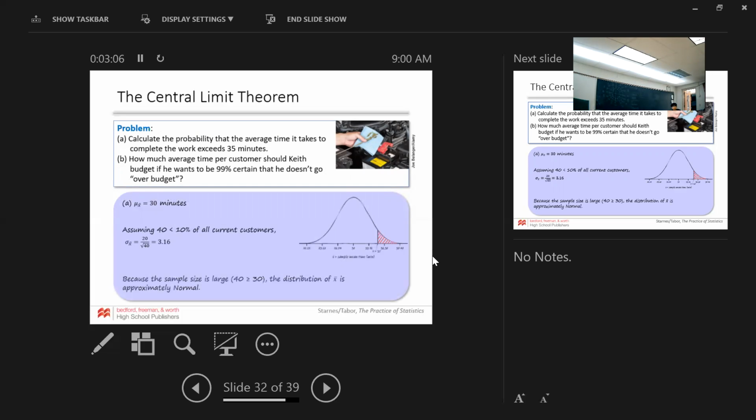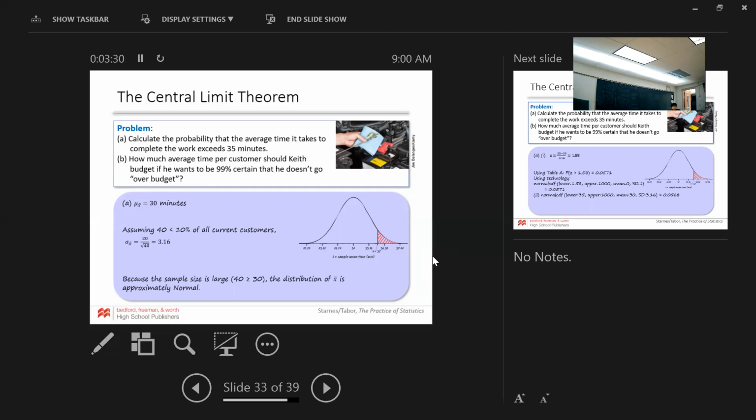The sample size is large enough. Here's 35 over here. That's what he budgeted. So everything to the right of that is bad news, because those are the customers he would anticipate would take longer than 35 minutes for the oil change.